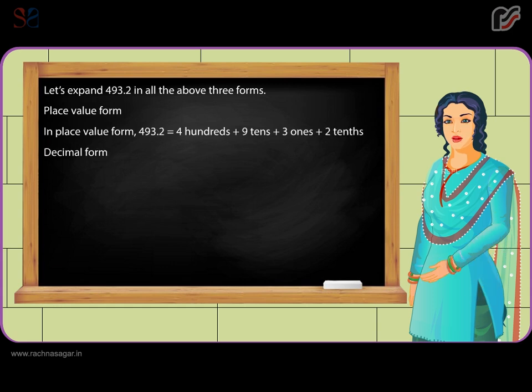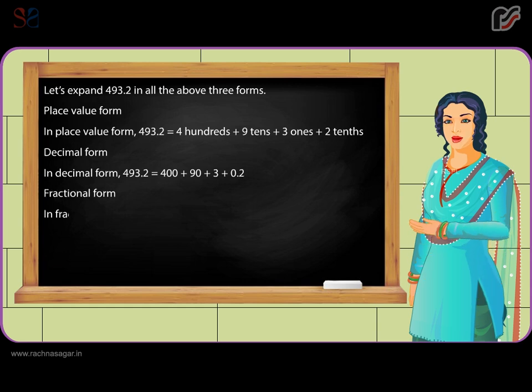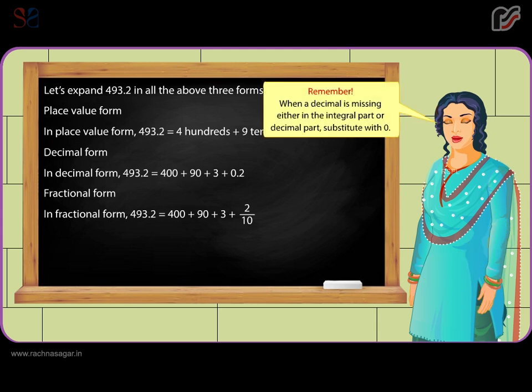Decimal form: 493.2 is equal to 400 plus 90 plus 3 plus 0.2. Fractional form: 493.2 is equal to 400 plus 90 plus 3 plus 2 by 10. Remember, when a digit is missing either in the integral part or decimal part, substitute with 0.